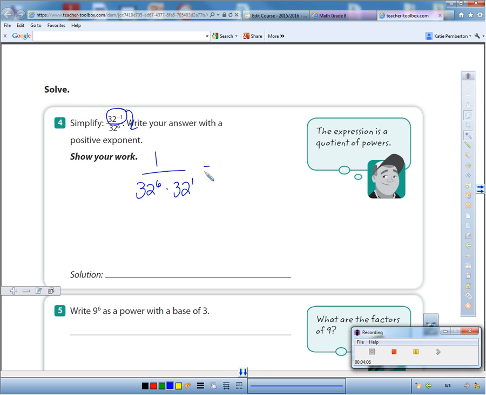So total, you're going to end up with 32 to the 7th power in your denominator. Another way to write this that means the same thing, you could write it 32 to the negative 7th power. Both of these can go in your answer or solution part down here.